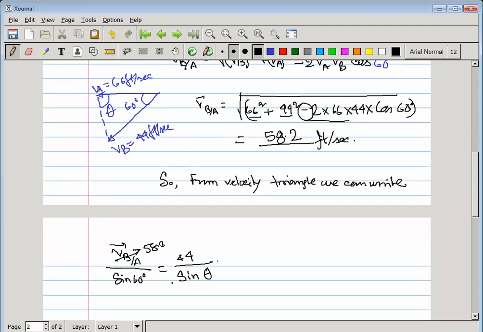So what should be the theta then? 58.2 divided by sine 60 is equal to 44, meaning this vector, divided by sine theta.